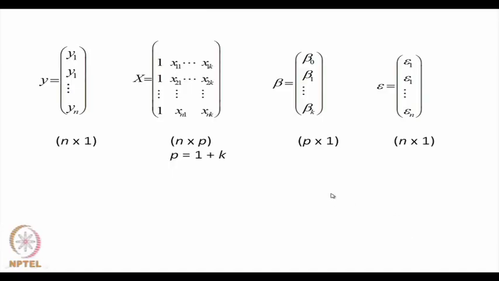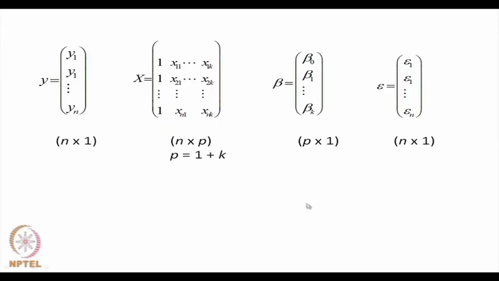So, what I basically said is that we collect data on the independent variables x 1 through x k and on the dependent variable y for each of the n cross sectional units.